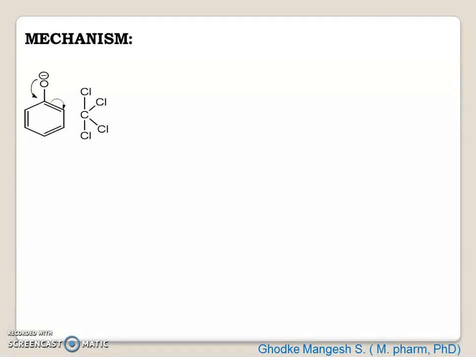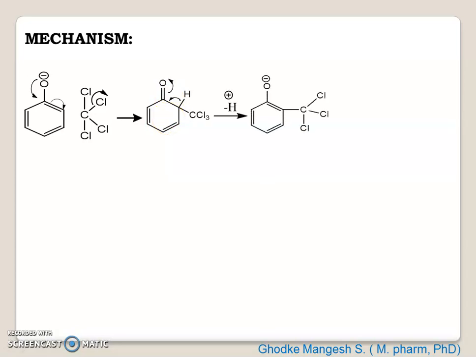Mechanism for this reaction: phenoxide ion is reacted with CCl4 like this, and it will give the first intermediate, which is a non-aromatic one. For aromatization, we have to eliminate the proton. It will give this intermediate. Now from here, Cl minus is eliminated, and the OH group is reacted with that electron-deficient carbon, so it will give the next intermediate.